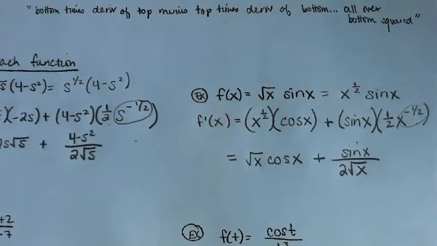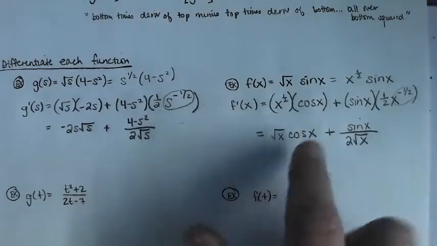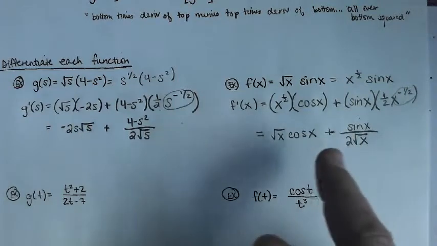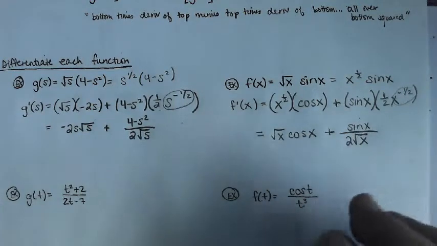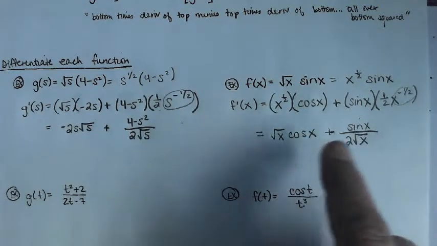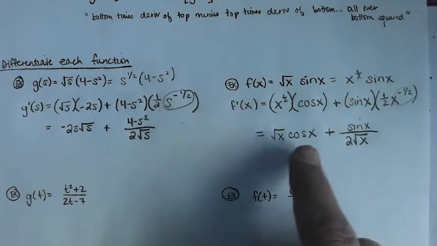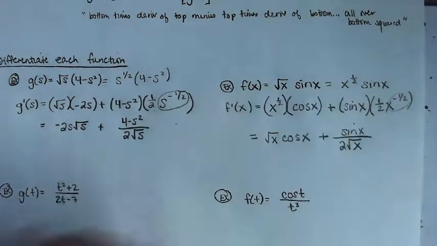When you're checking your answers in the back of the book, if they're not in this same format, let's say theirs is written as a single fraction, well then you might have to go further and manipulate, get a common denominator, and so on. Basic algebra skills to make sure that you could achieve that answer.